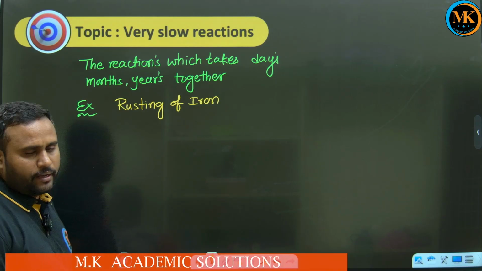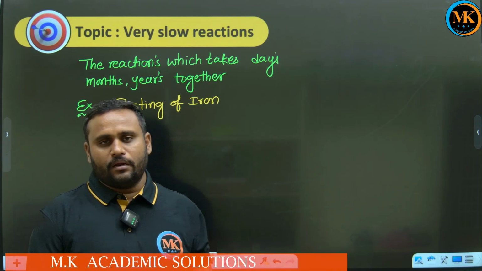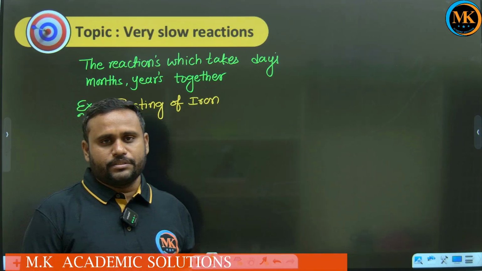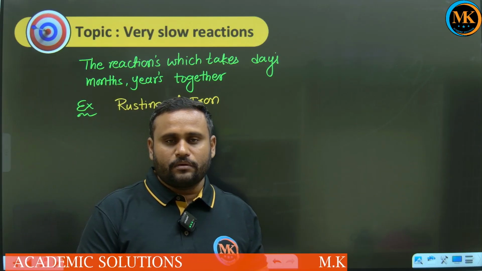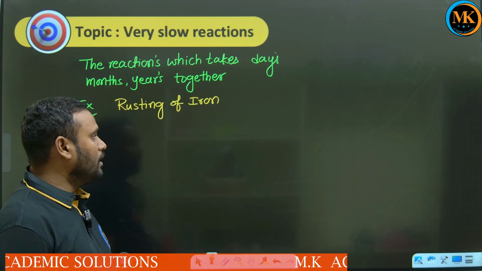When you keep the iron nails or freshly prepared iron at atmospheric conditions, a formation of brown color layer is observed, that is known as what, children? Rusting of iron.